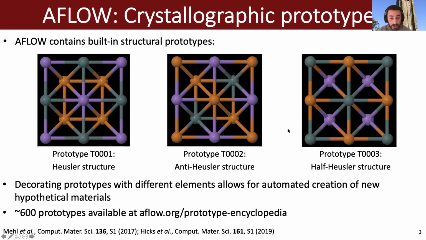And so the idea behind prototypes, and I think it was mentioned maybe in a few talks earlier, is that we would take this crystallographic prototype and we would go to the periodic table and decorate it with different elements and create new hypothetical materials. And so this method is very useful for automatic materials design. And so currently we have 600 prototypes that are online, which I'm going to show in a little bit.